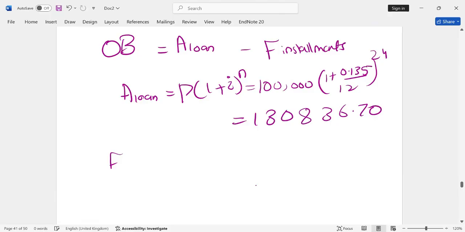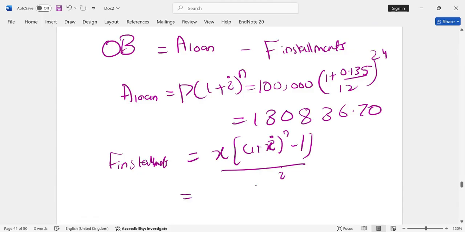And the F installments equals x times ((1 plus iota) to the power of n minus 1) divided by iota. Be careful about the calculations, okay?